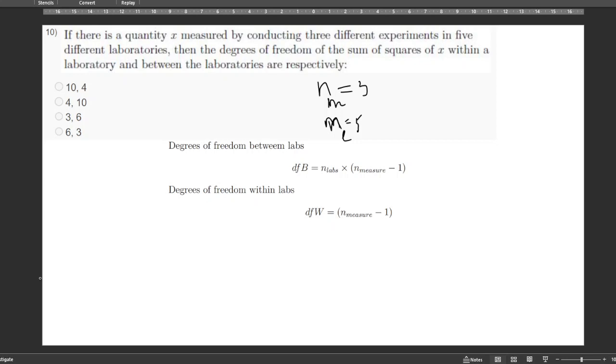So that one degree of freedom is not that much required. So similarly, within the lab, it is number of measures minus 1. So here in this case, it is the number of measures in each lab.